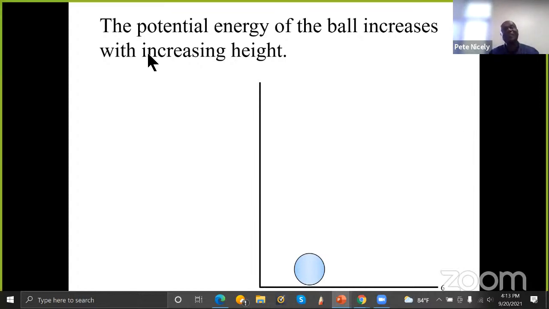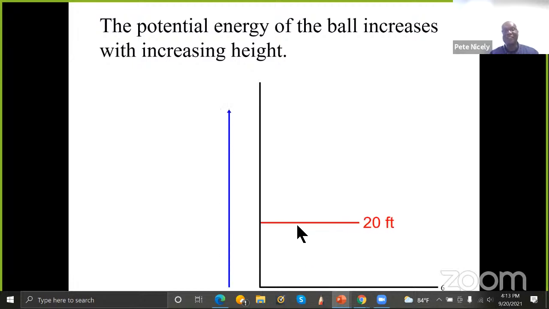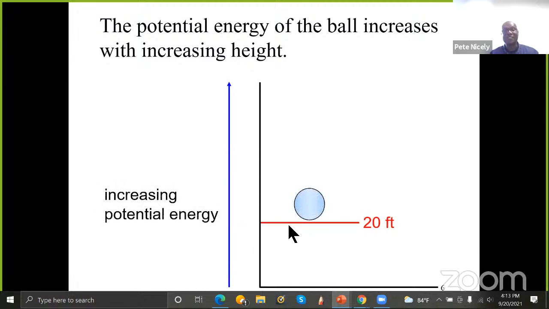Okay, so let's look at a situation where you have a ball at ground level. If you move the ball up against gravity, remember, gravity is pulling down on the ball, then you're expending energy by lifting the ball. When the ball reaches a certain height, it gains a certain amount of what we call potential energy.